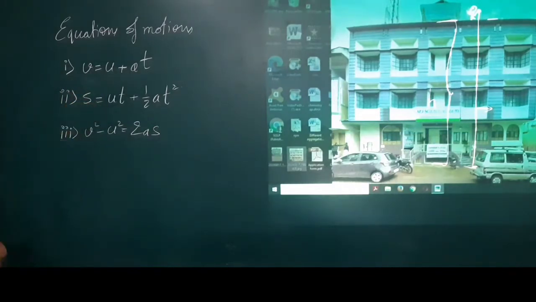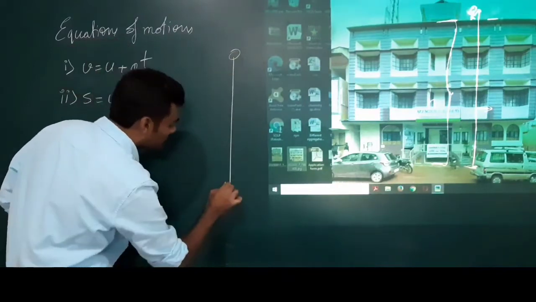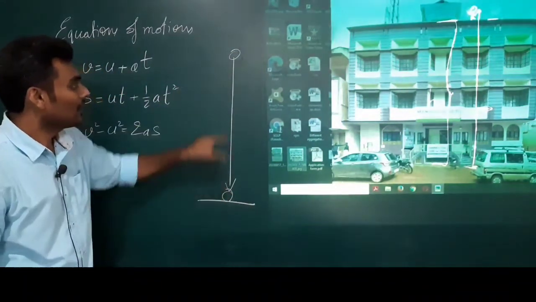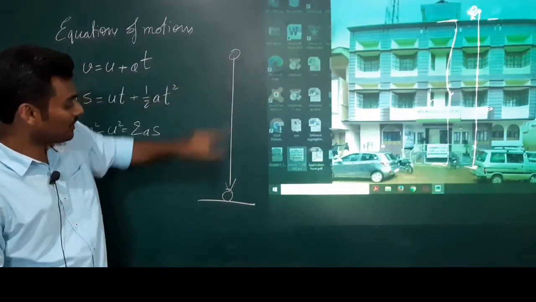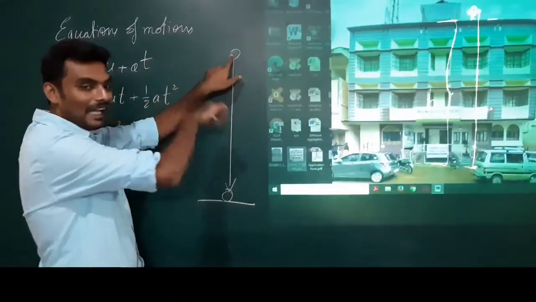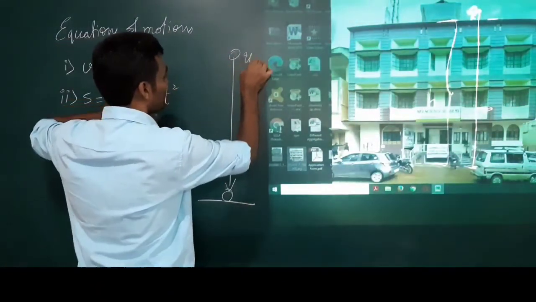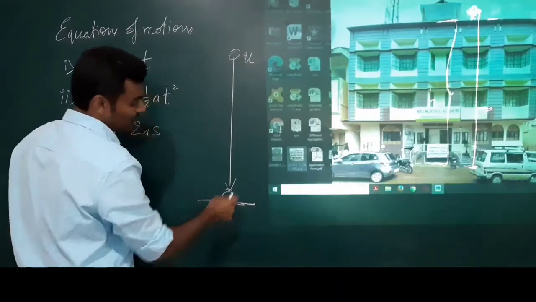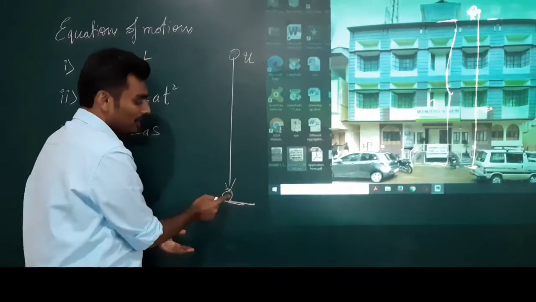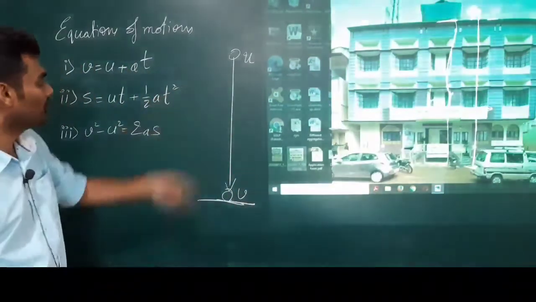Now, what do the terms stand for? Here, a body is falling or moving in a straight line, and this is the initial point of motion and this is the final point of motion. If the body has a certain velocity at the initial position, that velocity is named u. The final velocity it will gain, obviously the velocity will keep on increasing by the time it reaches the ground, is v.